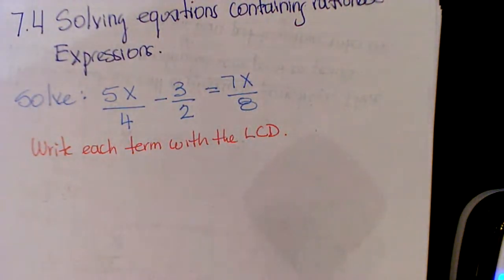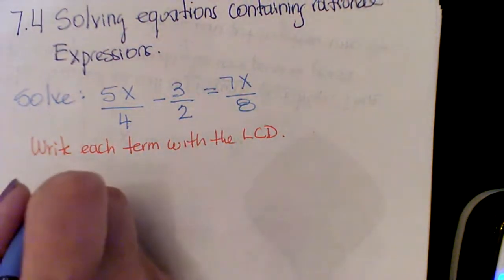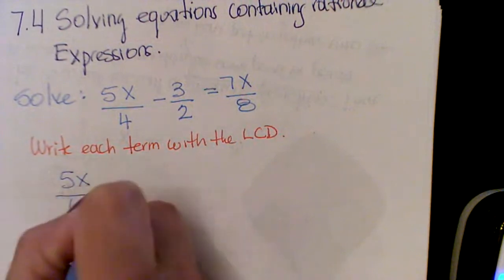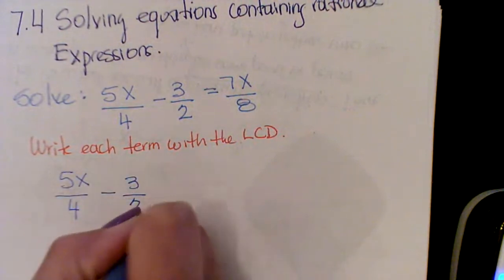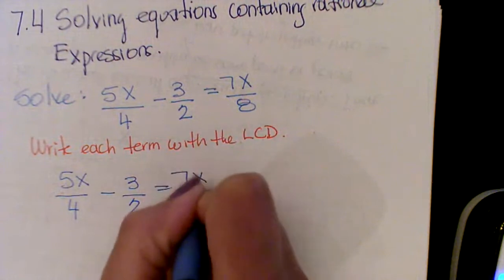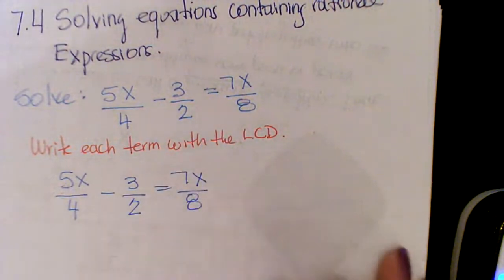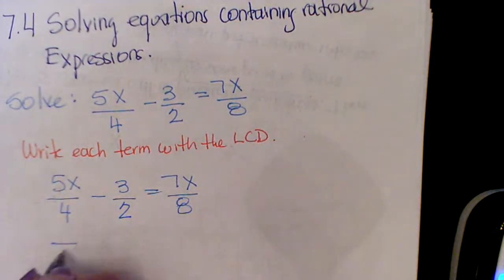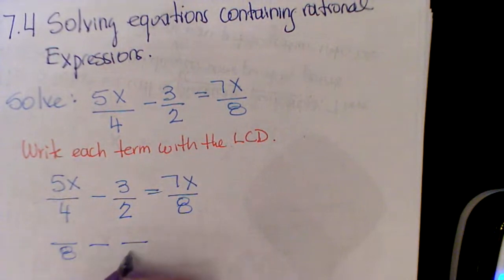So let me write it again here. We have 5x over 4 minus 3 over 2 equals 7x over 8. So my lowest common denominator is going to be 8.